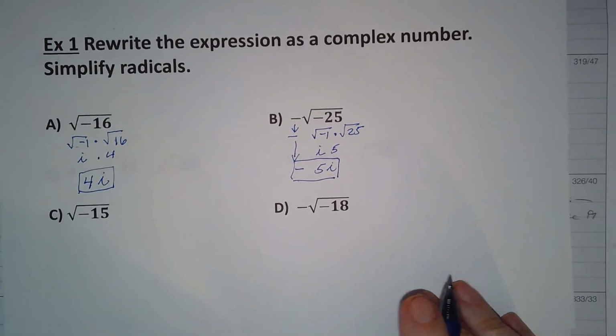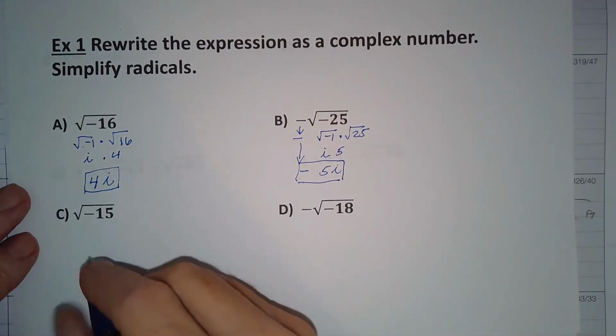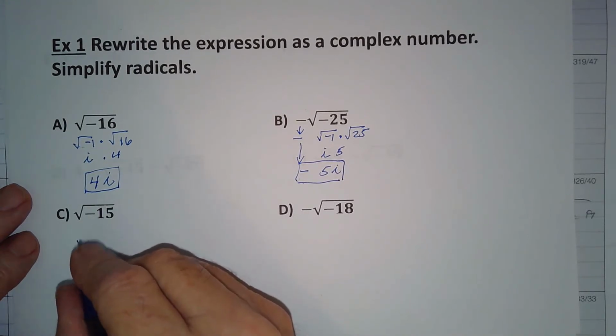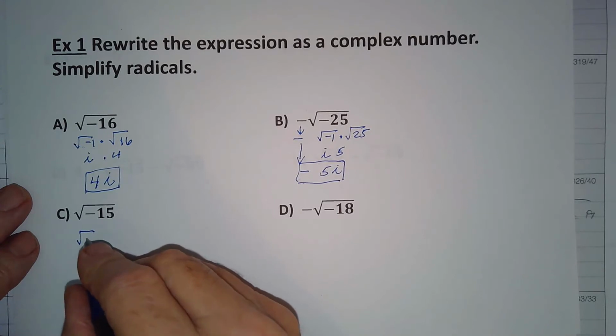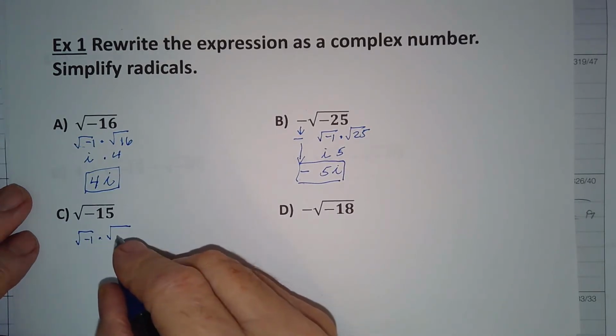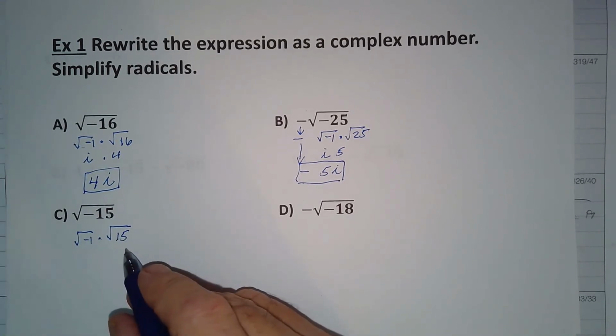Okay. All right, and then the next one here is the square root of -15. Now, when we look at this one, again, we'll take out the square root of -1, but then we've got the square root of 15. Now, remember, 15 is not a perfect square. It's 3 times 5.